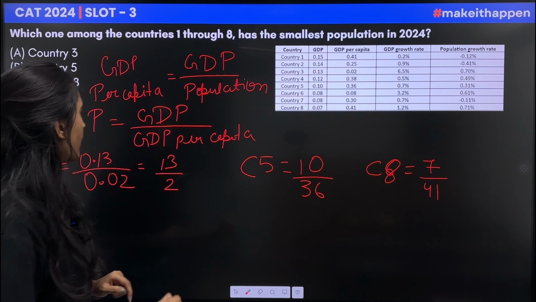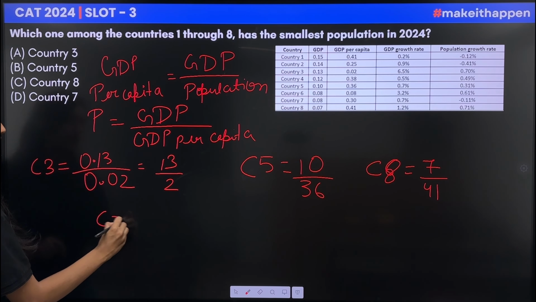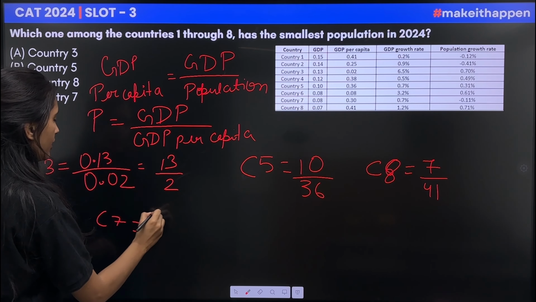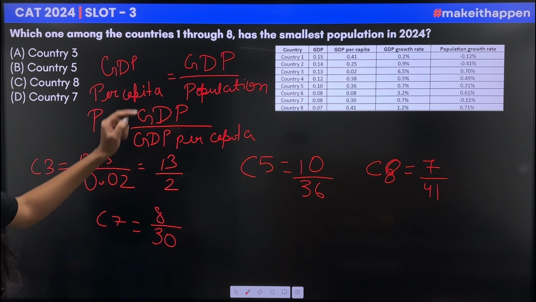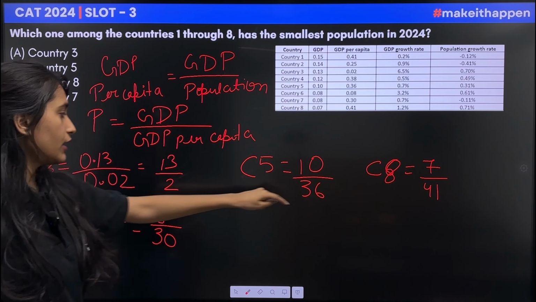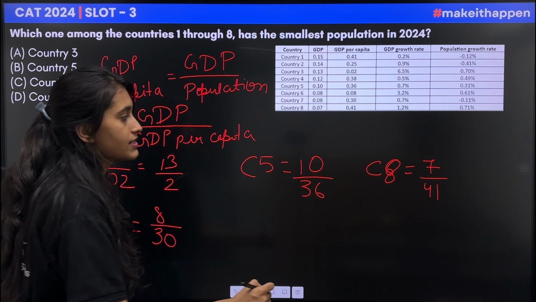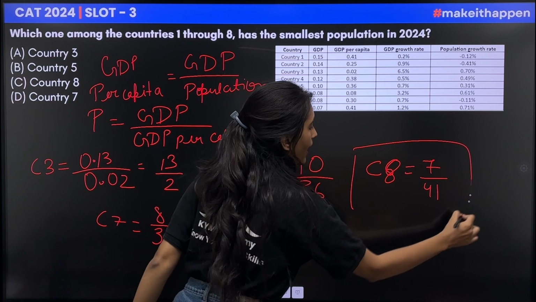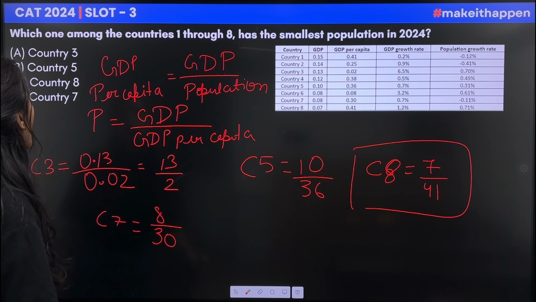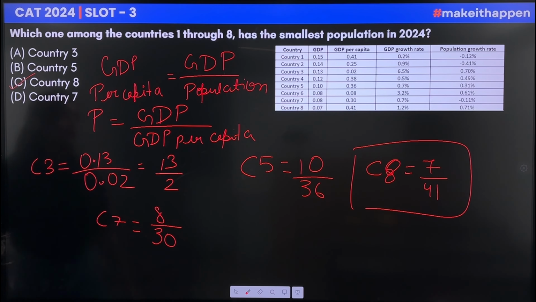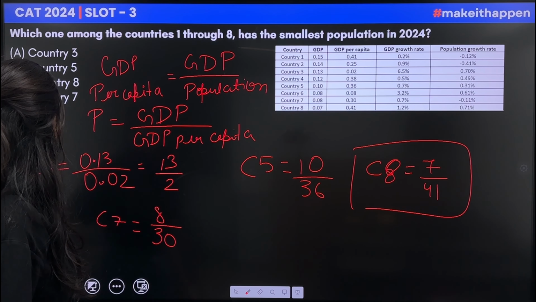And for country 7, it's 8/30. Now we are asked the smallest population. Clearly from all the fractions we can see that country 8 has the smallest population in 2024. So my option will be C.